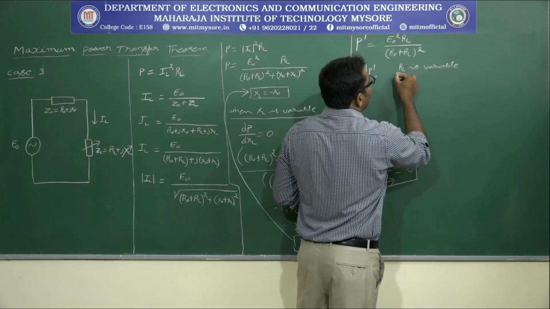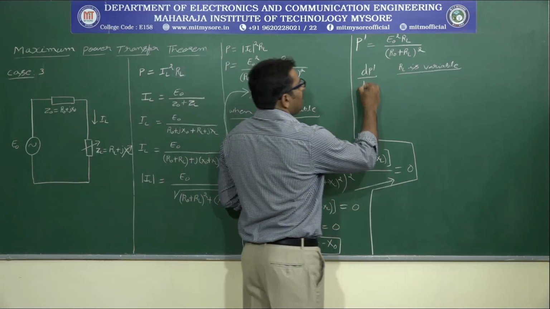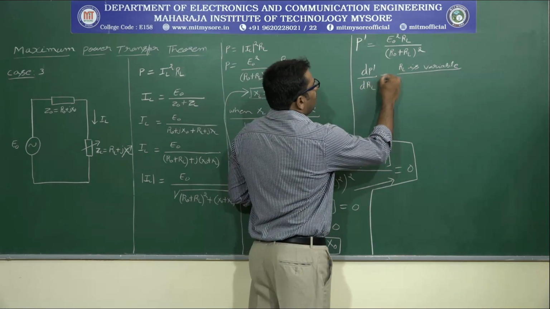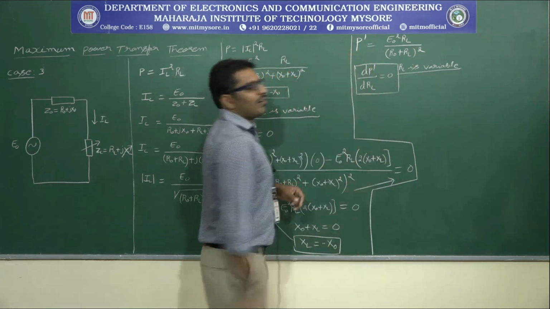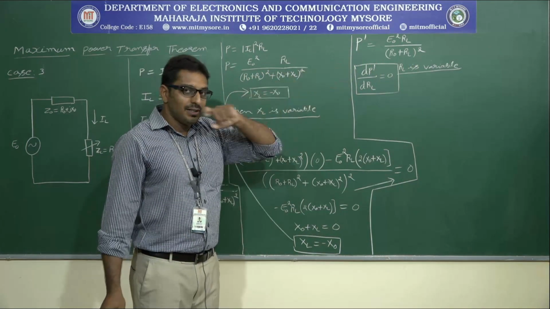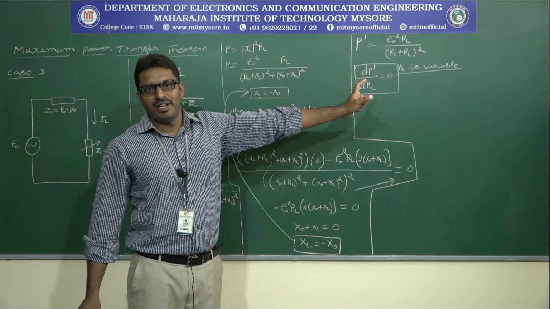In the first case only XL was variable. Now RL is variable, so differentiate with respect to RL and equate that to 0. It is almost the same as our first case derivation.